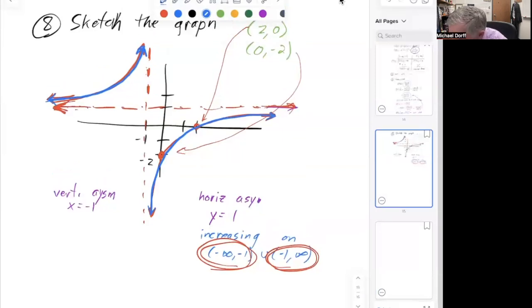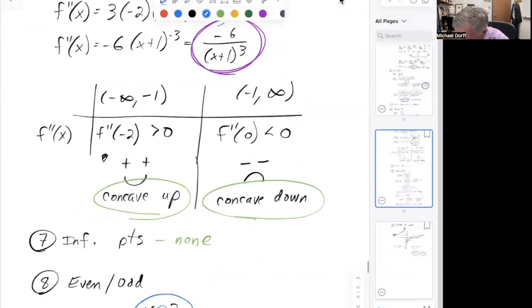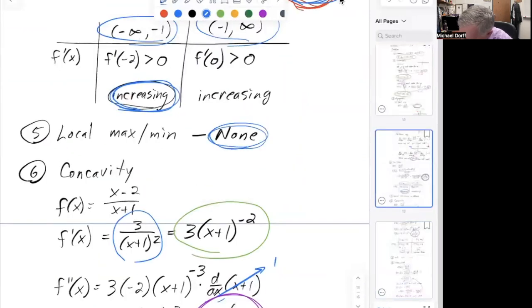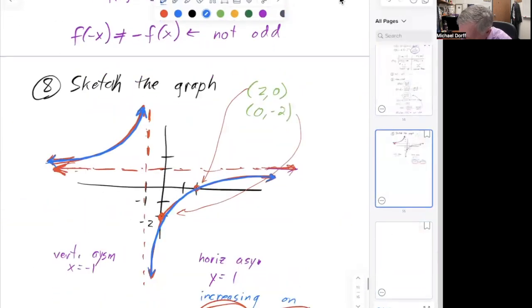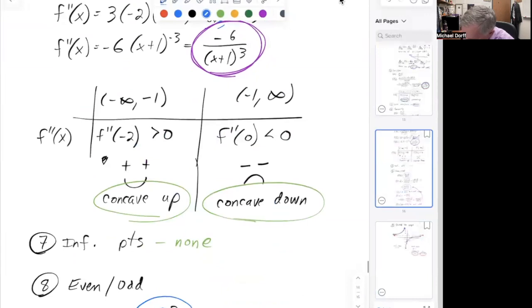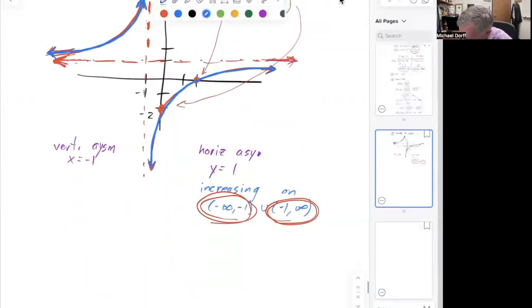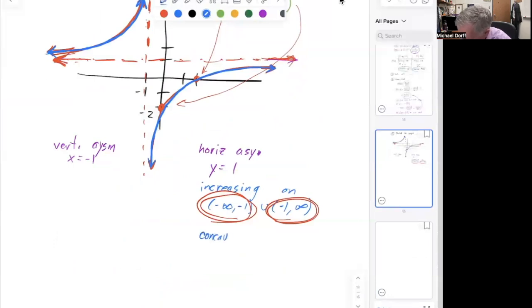Okay, so we've done where it's increasing and decreasing. Remember, for part 5, we found that there were no local max, and that fits in with the blue graph that I drew here. All right. Concavity, we found that it was concave up from -infinity to -1 and concave down from -1 to infinity.